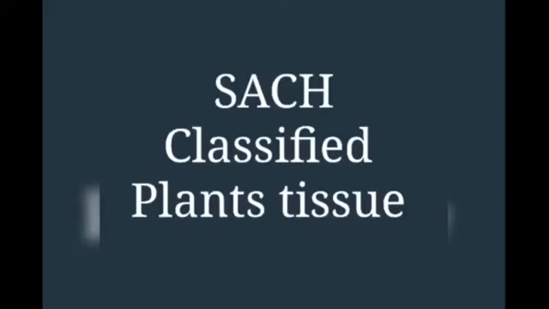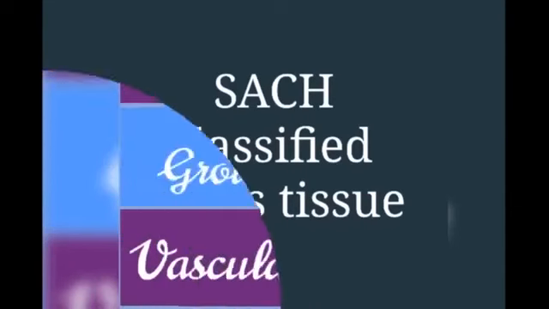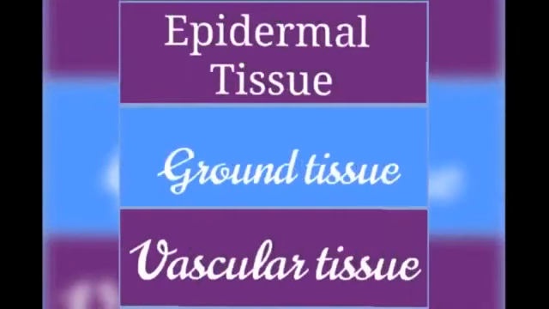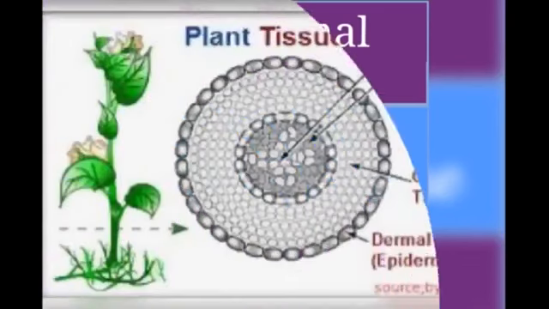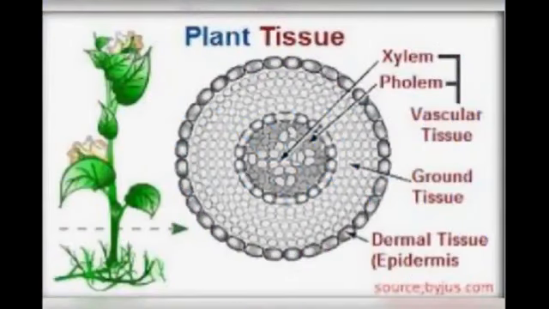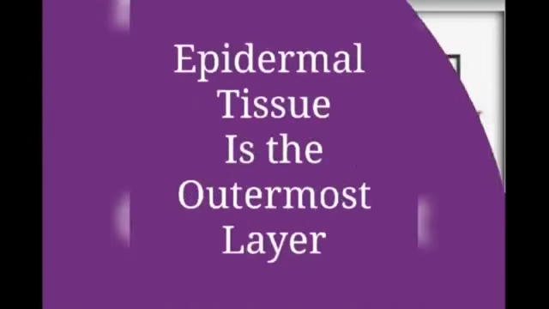Plant tissues are also classified into epidermal tissue, ground tissue, and the vascular tissues. The epidermal tissue is considered to be the outermost layer, the ground tissue forms the middle layer, and the vascular tissues, along with the xylem and phloem, form the innermost layer.